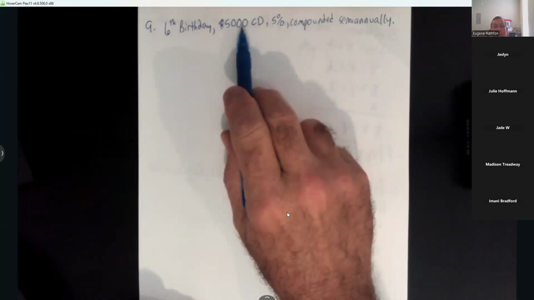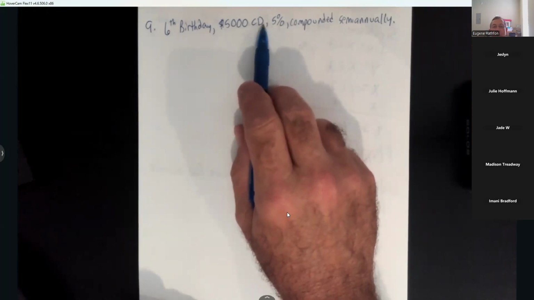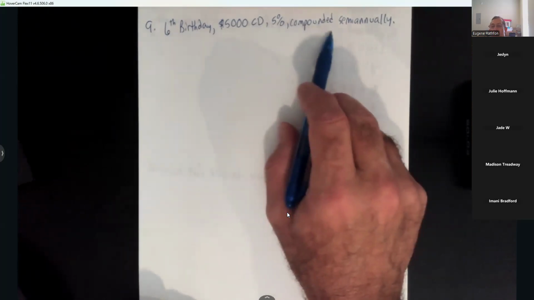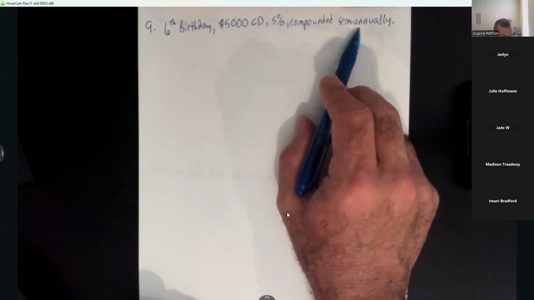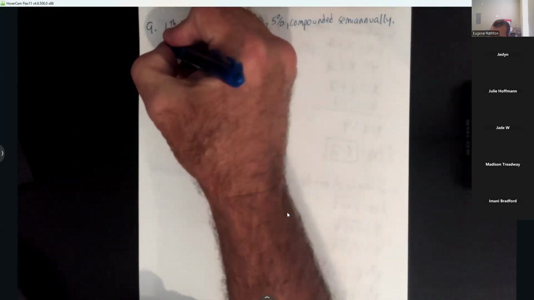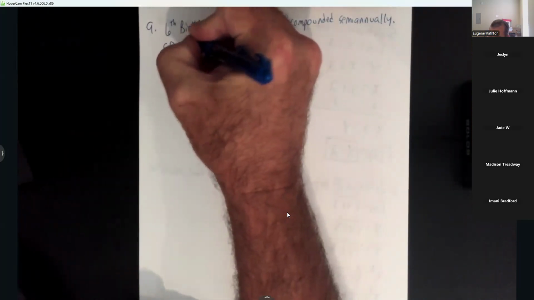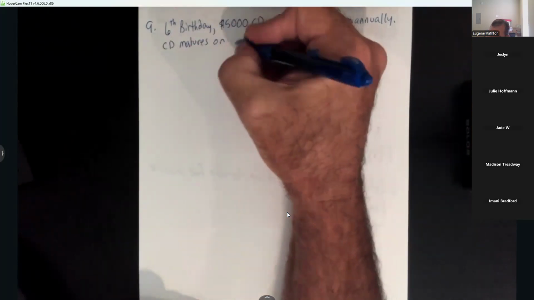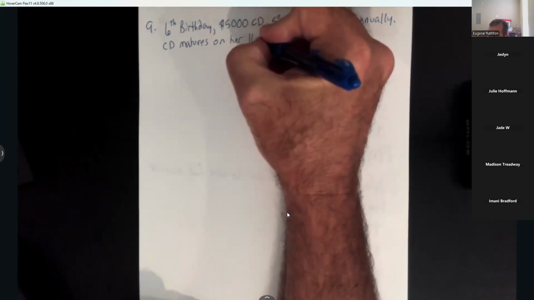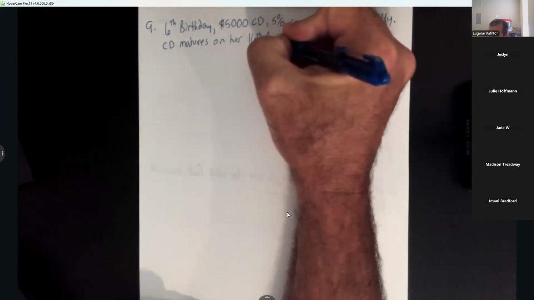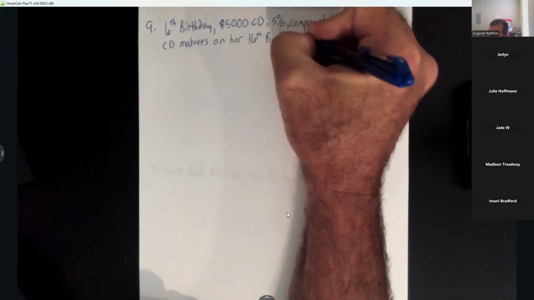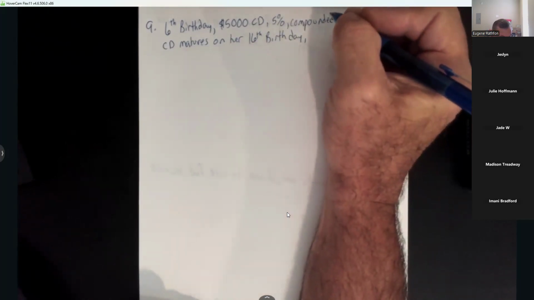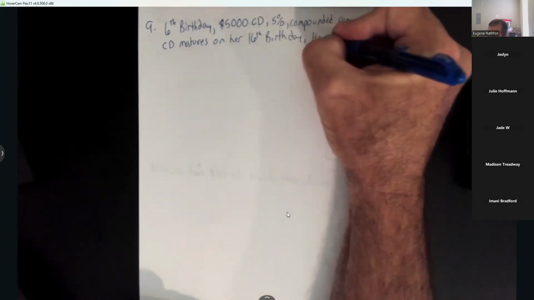Okay, so $5,000 certificate of deposit at 5% interest, compounded semi-annually. If the CD matures on her 16th birthday, how much money will be available?